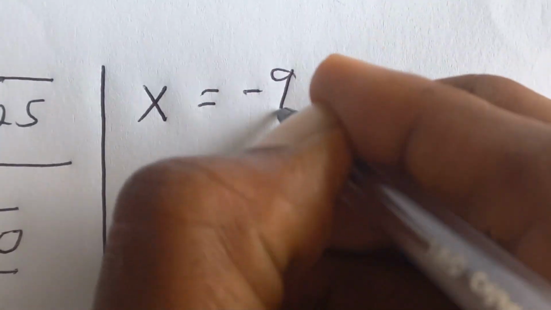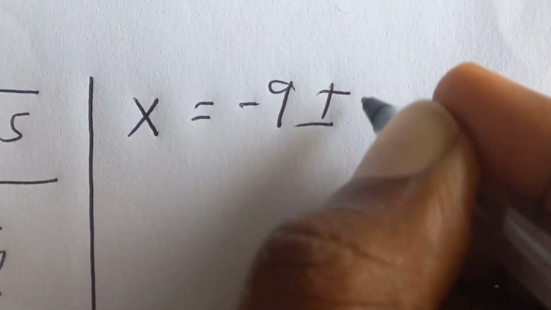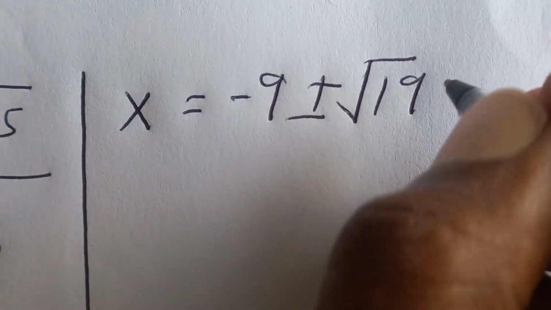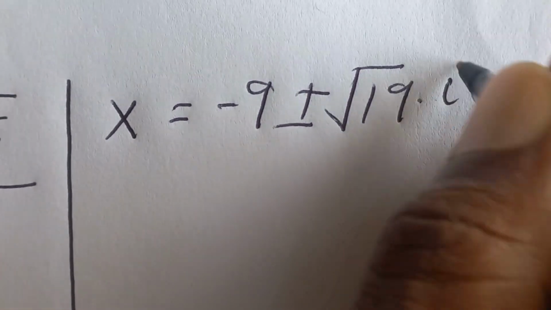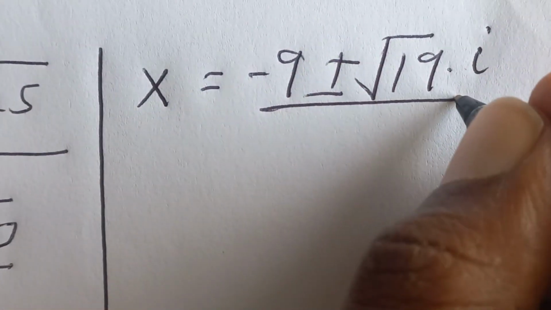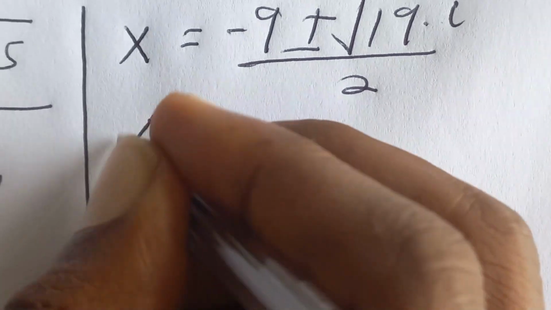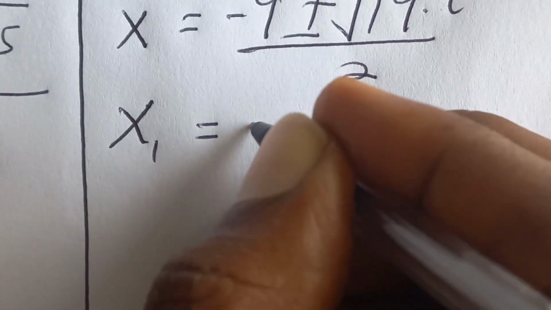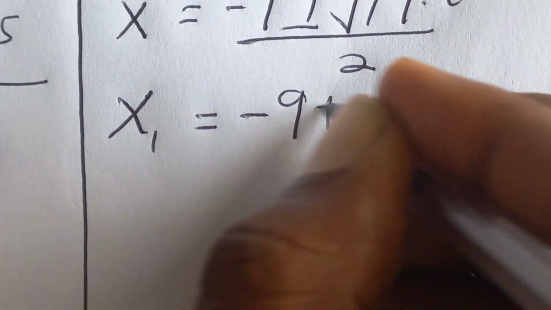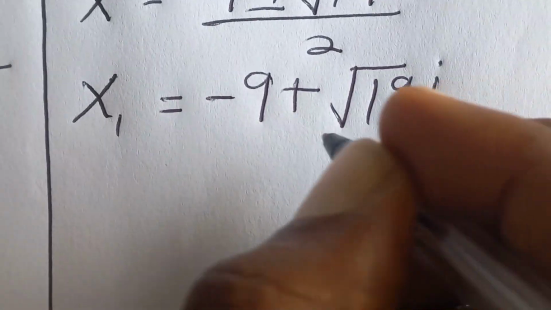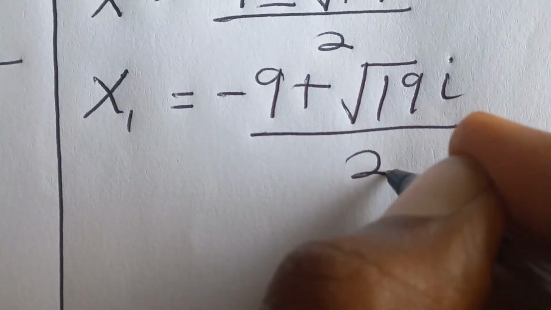So our x is equal to negative 9 plus or minus square root of 19. Then square root of negative 1 is the same as i, so multiply by i, all on 2. So our values of x, we get x1 is equal to minus 9 plus square root of 19 i, all on 2.